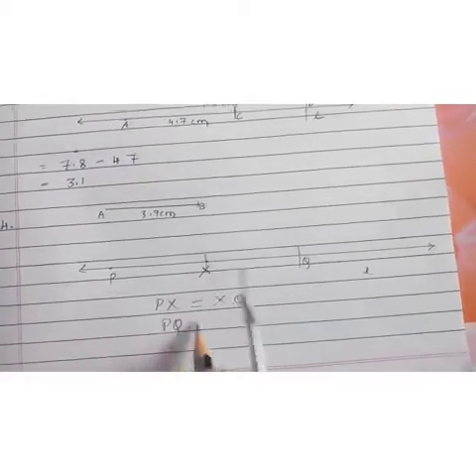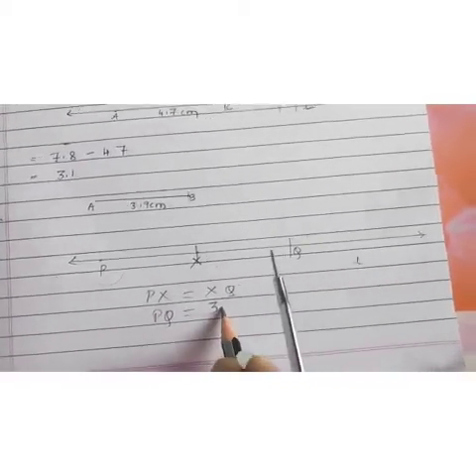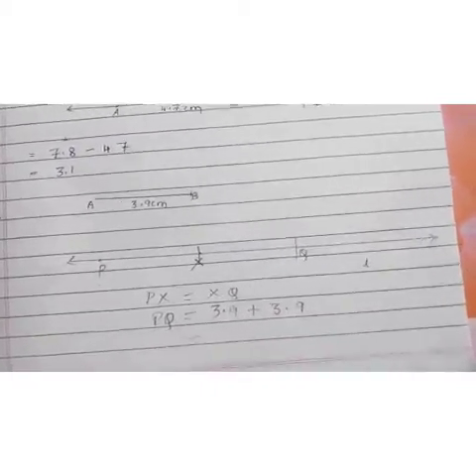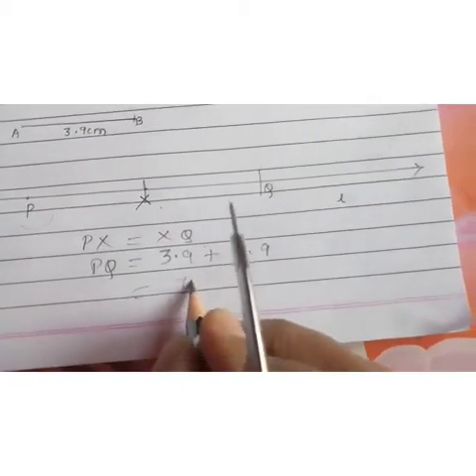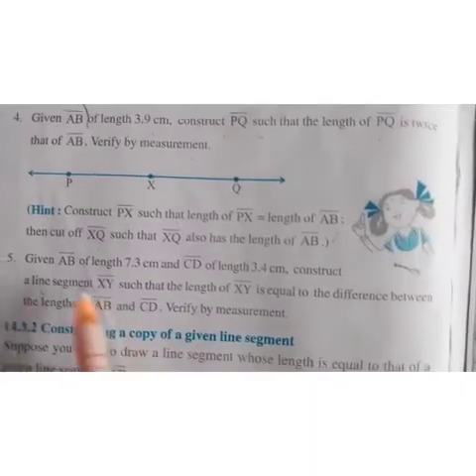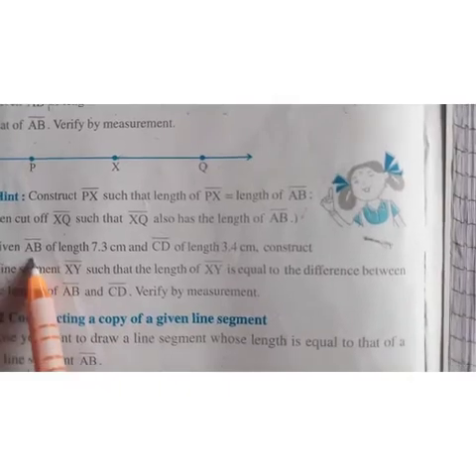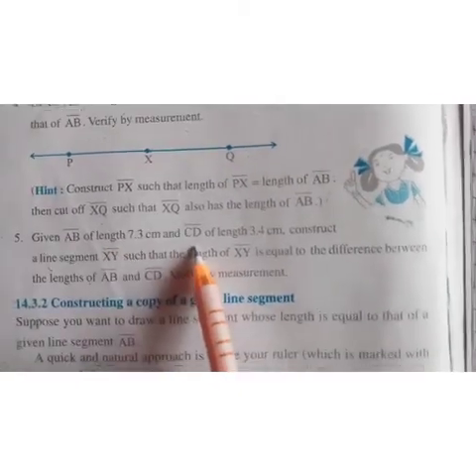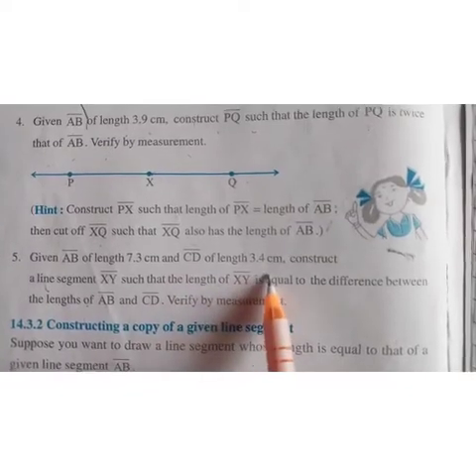And what is the measurement of PQ? It will be 3.9 plus 3.9. It will be 7.8.